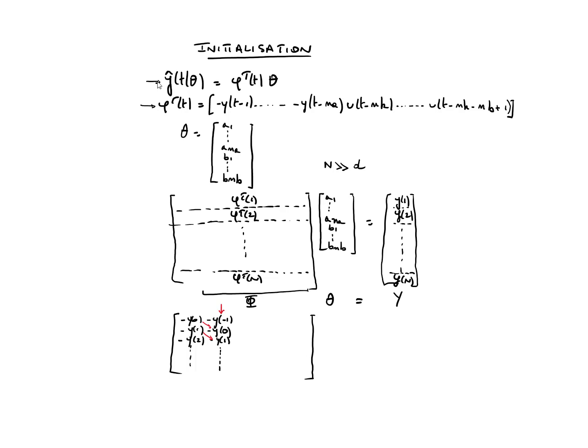The best idea is to look at each equation in my system, and if the data is not available, which is clearly the case for the first equation, you simply cross it out and you don't take it into account. And obviously I have to cross out the corresponding element in y. This is something that you have to do in your ARX function.